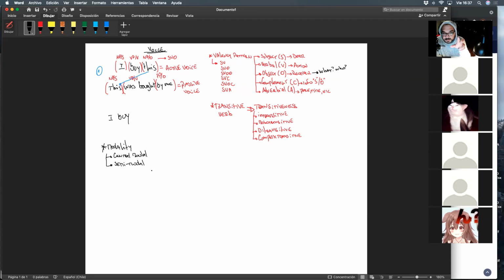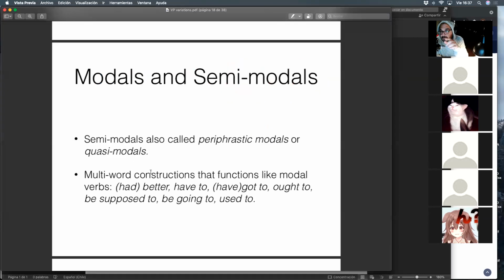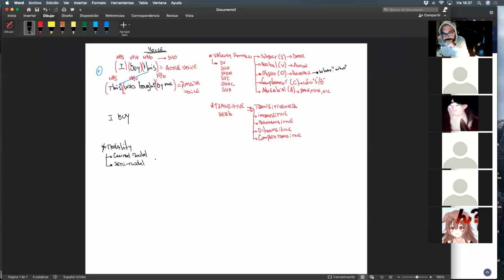Semi-modals and central modals, they can't be inflected, right? Therefore, what they produce is a periphrastic construction. I'm going to explain this.